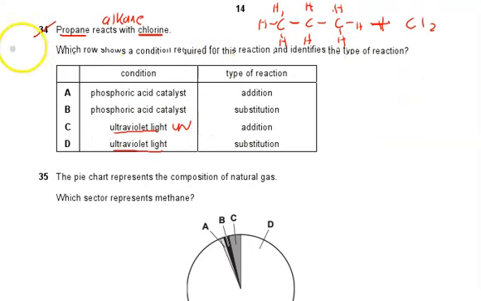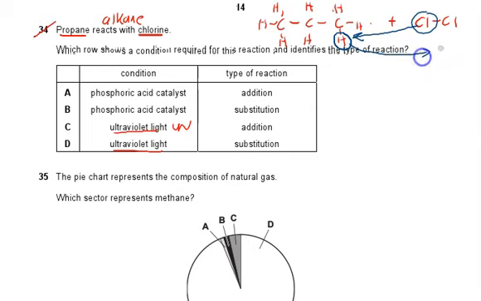Okay, so now what happens? Let me expand the chlorine part. So we have this. Now one of the hydrogens will be substituted with this chlorine, and the hydrogen will come out and combine with the other chlorine.